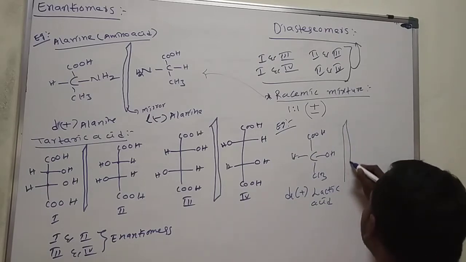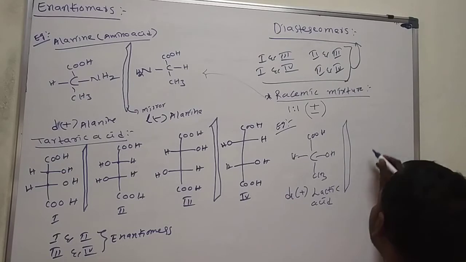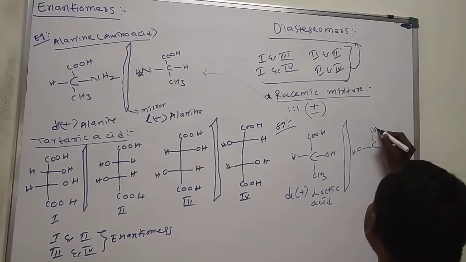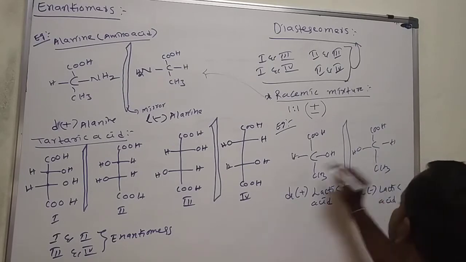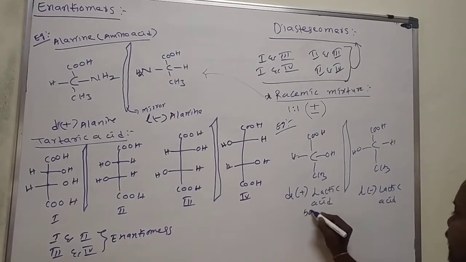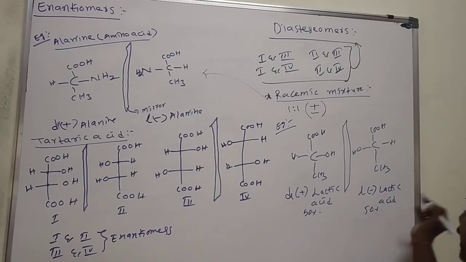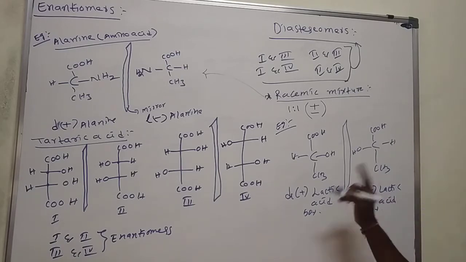Here I put the mirror, and here OH, here H, COOH and CH3. This is L minus lactic acid. See, this is 50%, this is also 50%. Both are present at 50%. That means an equimolar ratio.